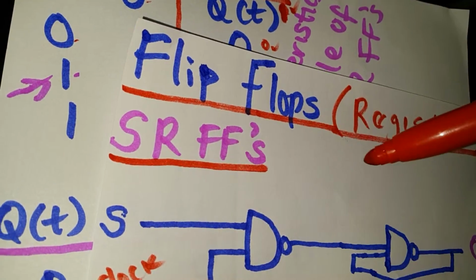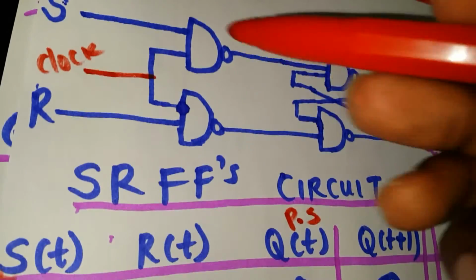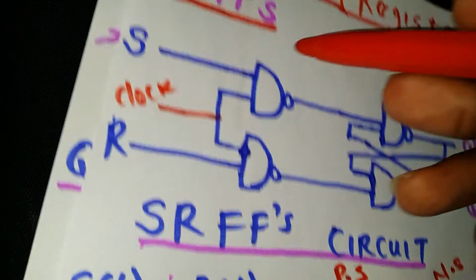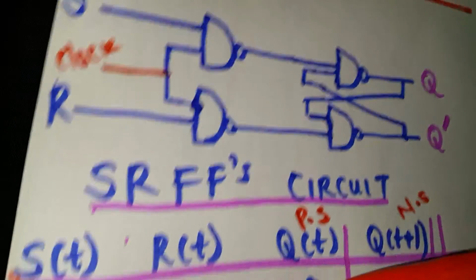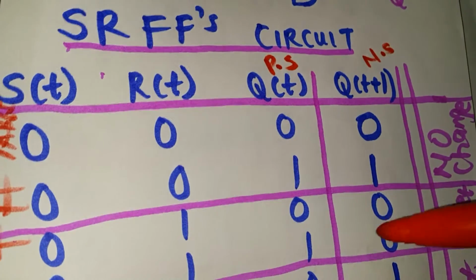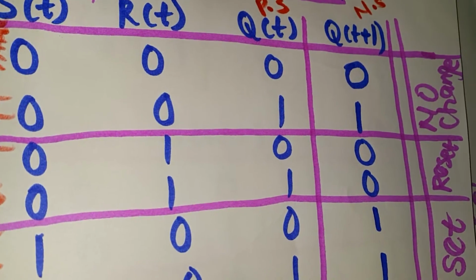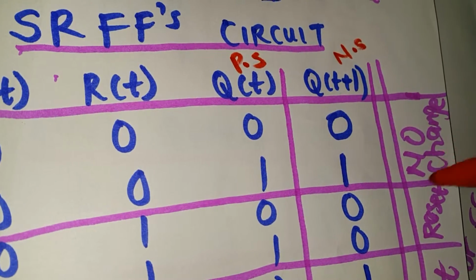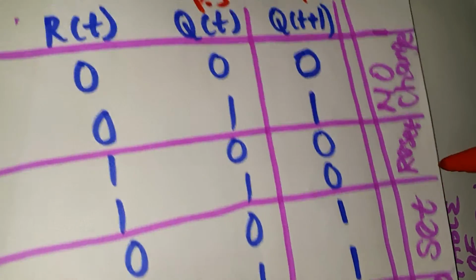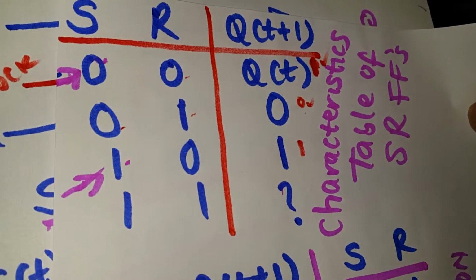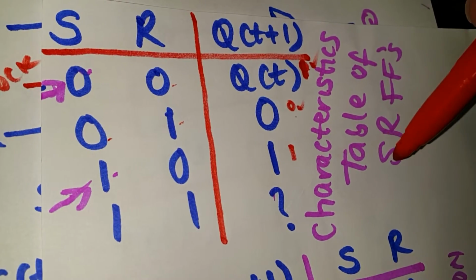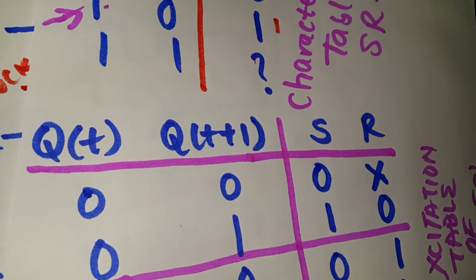We've talked about SR flip-flop, and we said this is the circuit for SR flip-flop, and this is the table for SR flip-flop. We have this place no change, in this block reset, in this block set, in this block is undefined. And we talk about the characteristics table of SR flip-flop and also the excitation table of SR flip-flop.